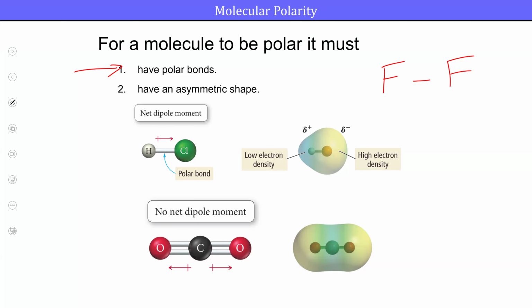All right, so how do we determine if we have asymmetry? You look at the geometry. Basically, you look at how many electron domains you have around that central atom. And as long as one of your electron domains is different than the others, then you have asymmetry.